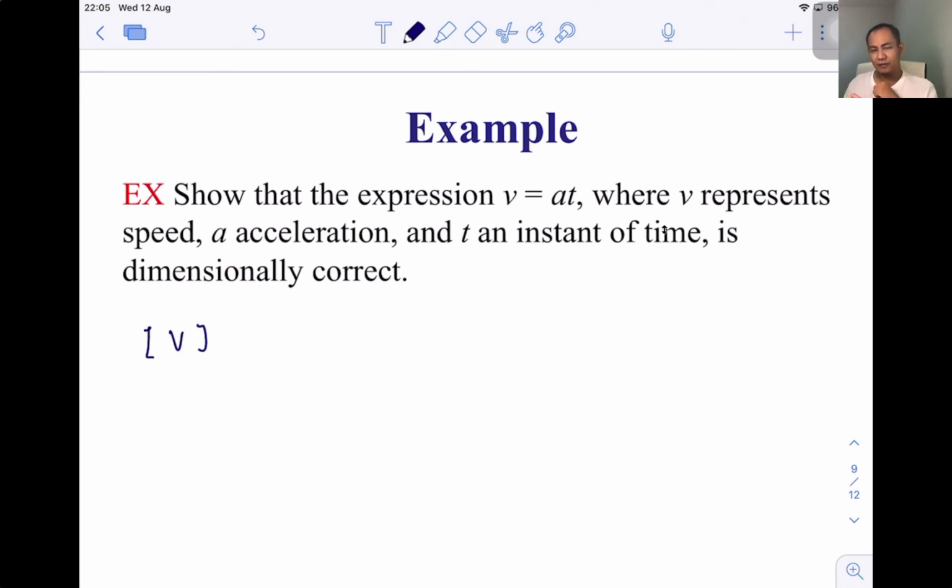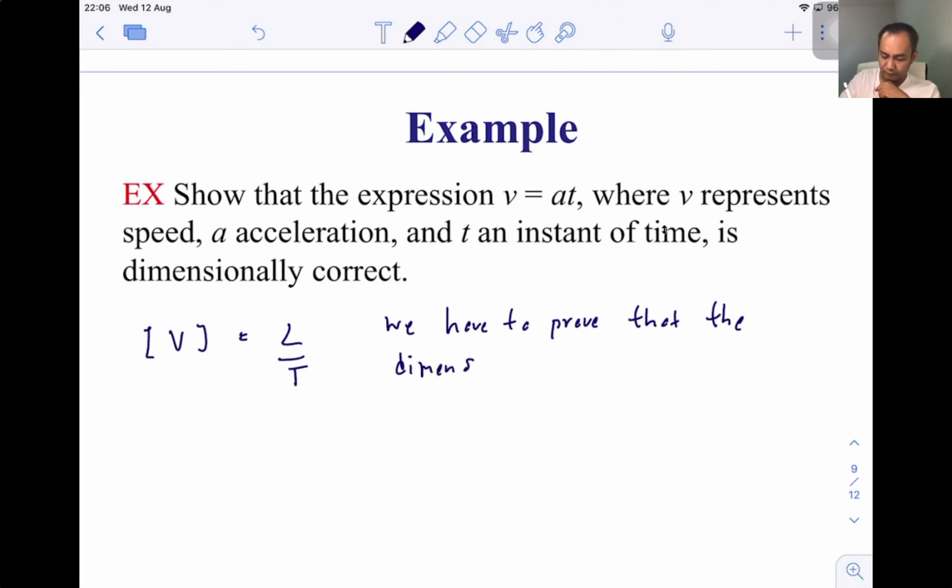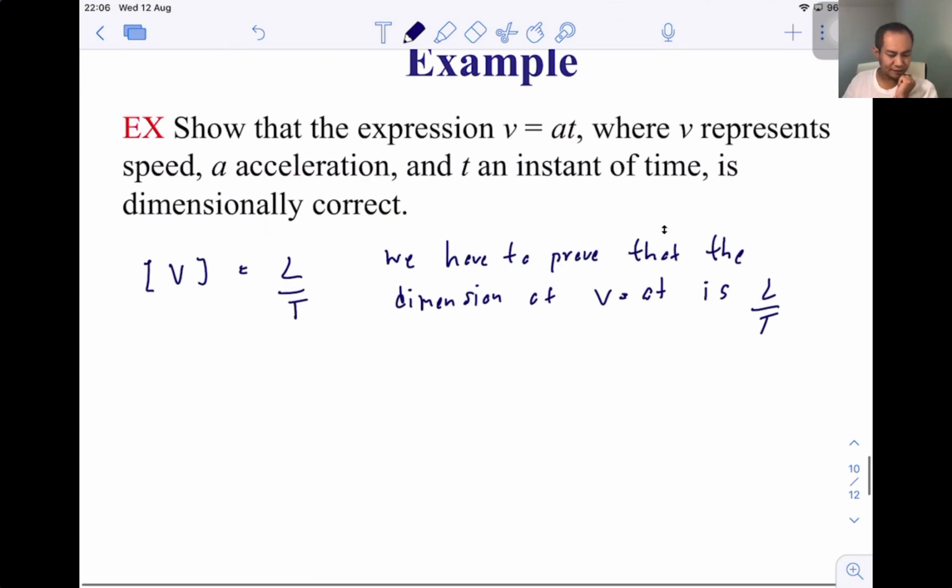Okay, in the bracket, the dimension of v will be equal L over T. So we have to prove that the dimension of v equal at is L over T.